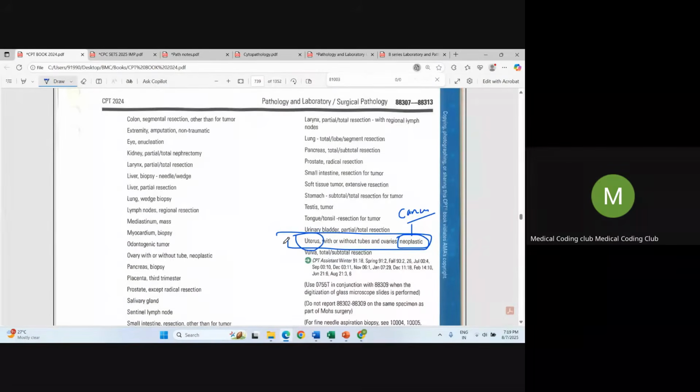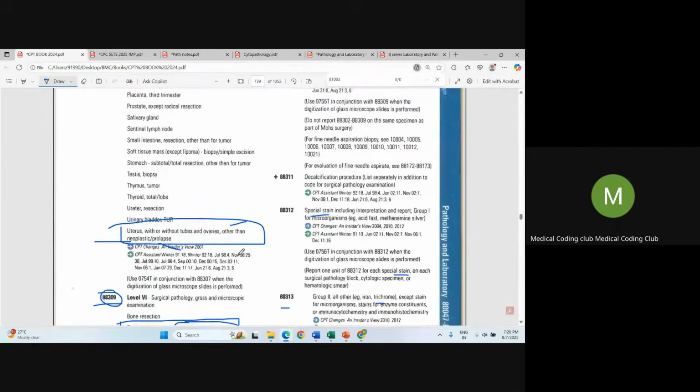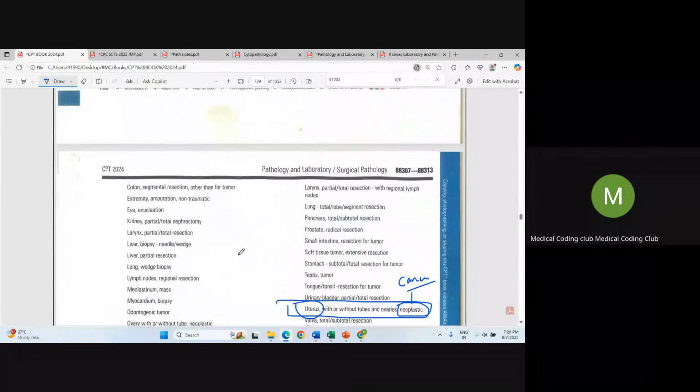The concern is it is cancerous, so you have to give your level or CPT code as 88309.